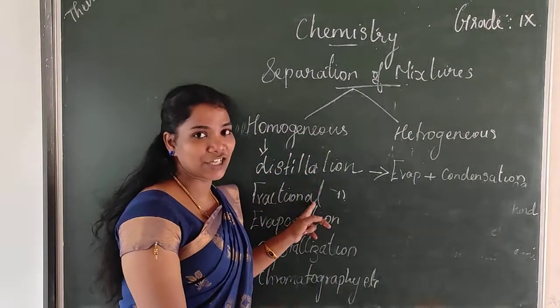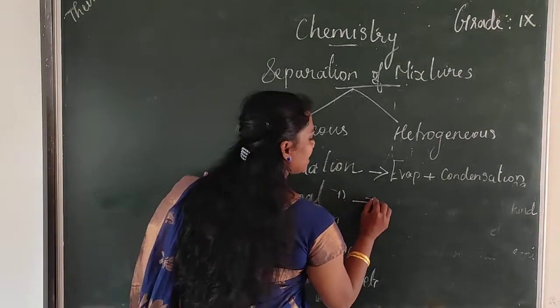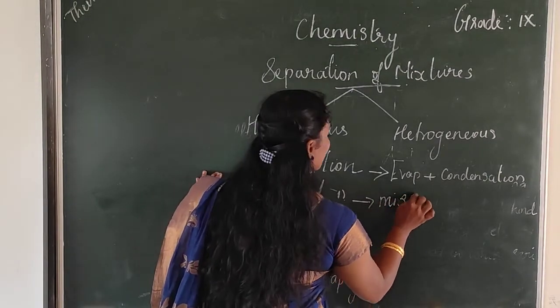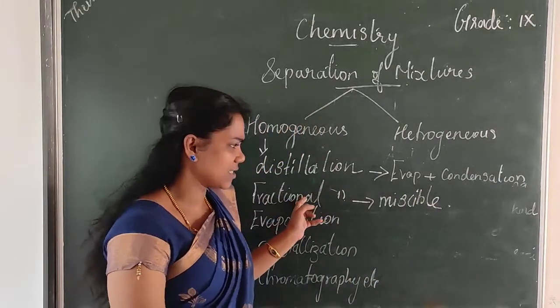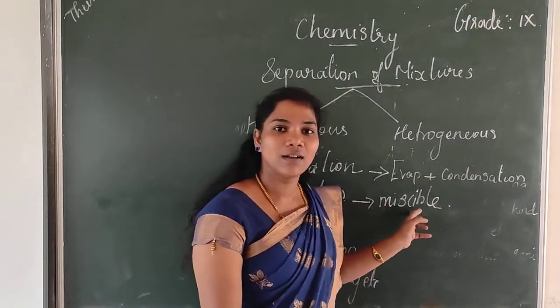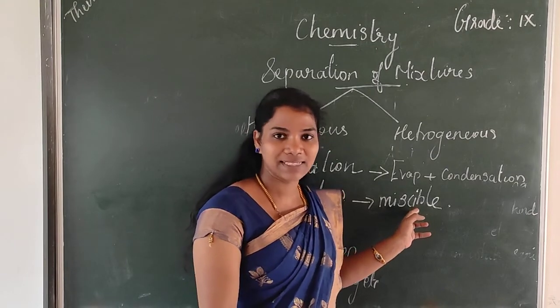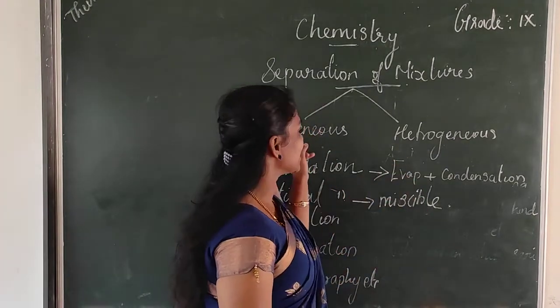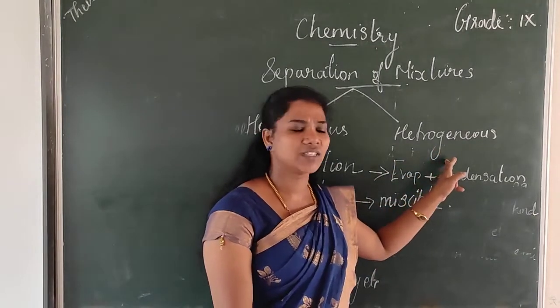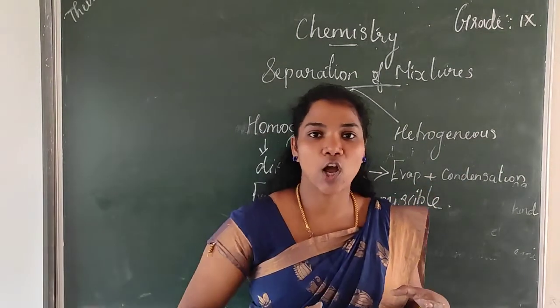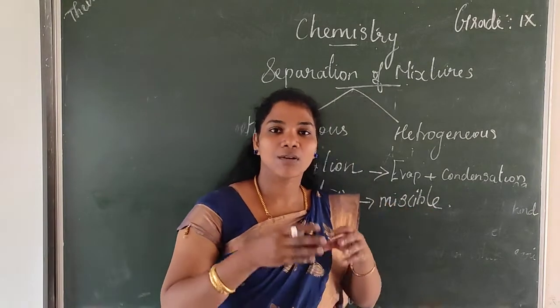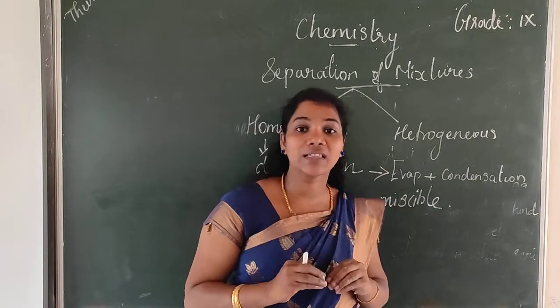Next one, fractional distillation. If two liquids are miscible in nature, then we will use fractional distillation. What is this miscible? Miscible as well as immiscible are there. Miscible means homogeneous, immiscible means heterogeneous. Miscible means liquids which blend with each other, soluble with each other.